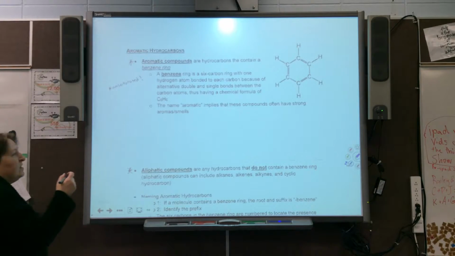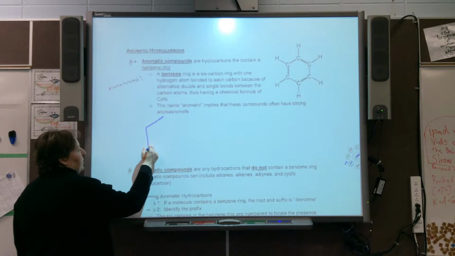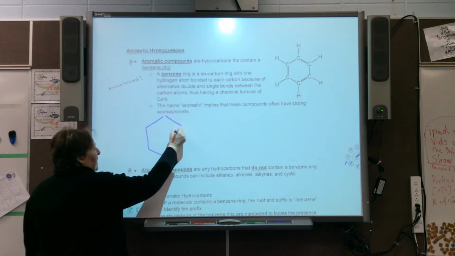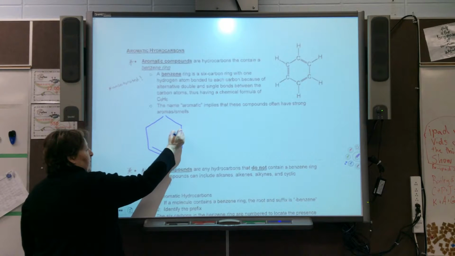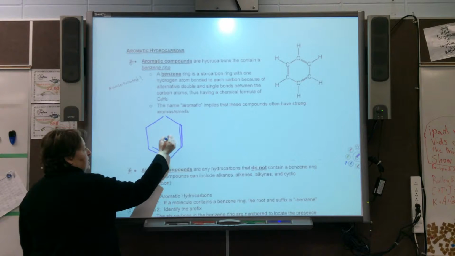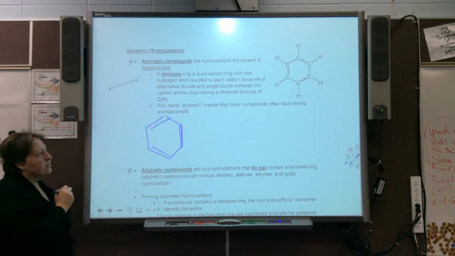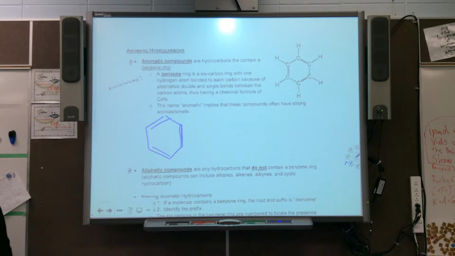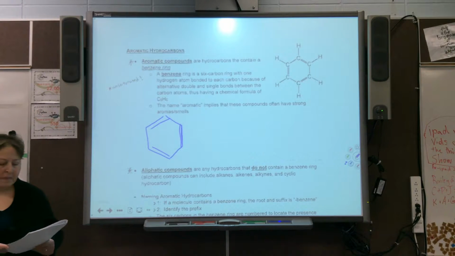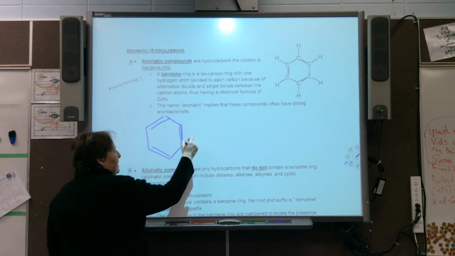Okay? So benzenes are very specific that they're 6 hydrocarbons with alternating double bonds in them. Okay, so they're cyclic, there's 6, and there's double bonds. Okay, can also look like this.